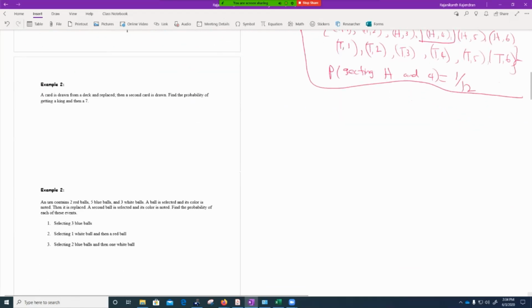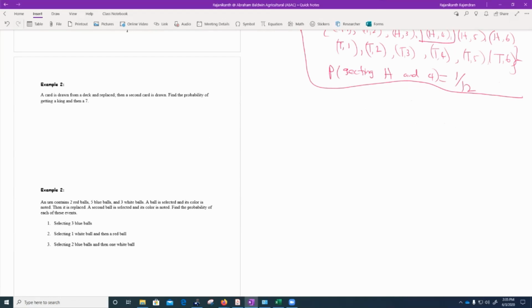Right. So now let's move to a second example. A card is drawn from a deck and replaced. So you are drawing a card and looking at what type of card you got. Then you are replacing it and taking one more card. Basically, you are doing 2 probability experiments, but you are replacing the card, right?